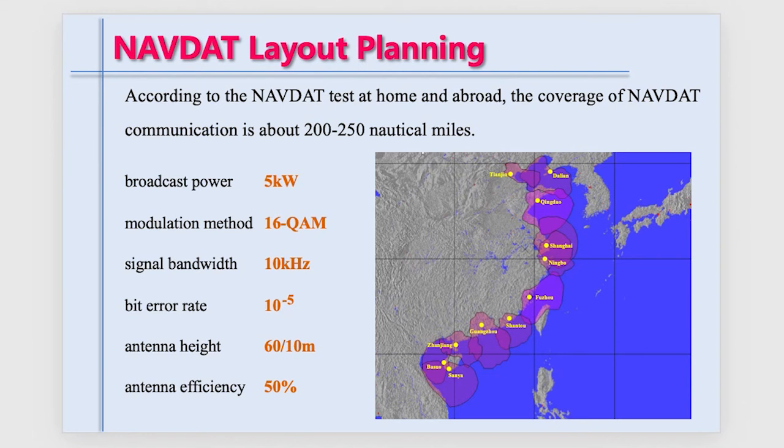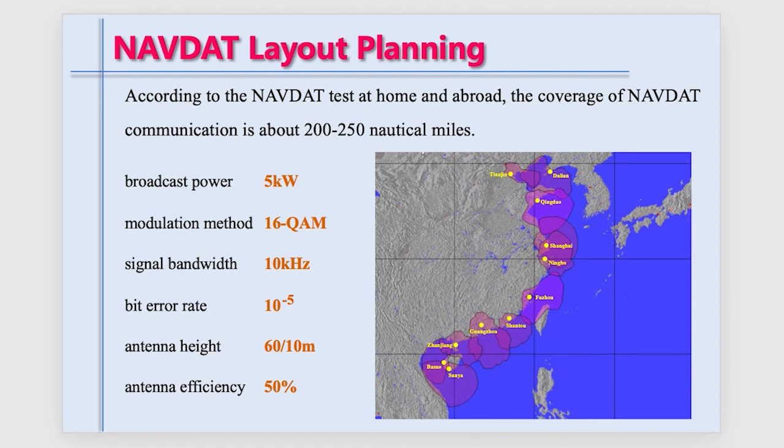Third, the NAVDAT layout planning along the coast of China. According to the NAVDAT tests at home and abroad, the coverage of NAVDAT communication is about 200 to 250 nautical miles. This paper proposes an overall layout plan for China's coastal NAVDAT stations.